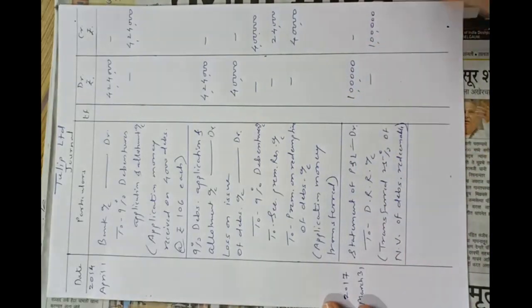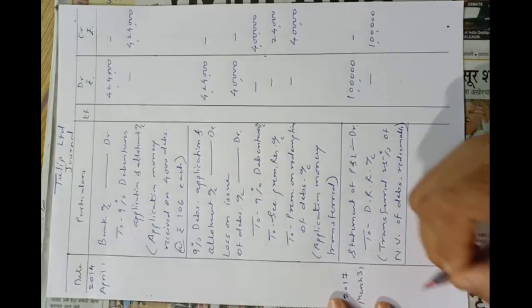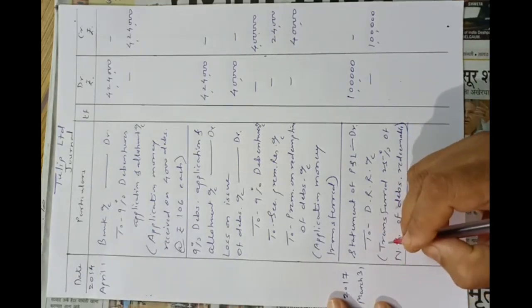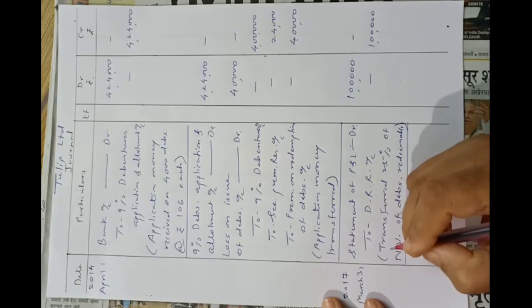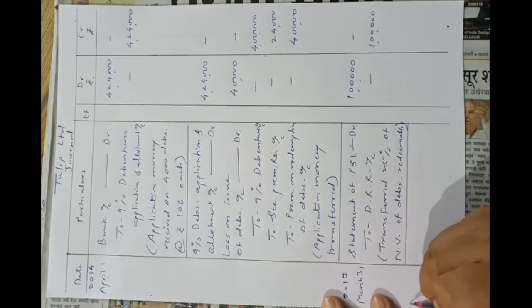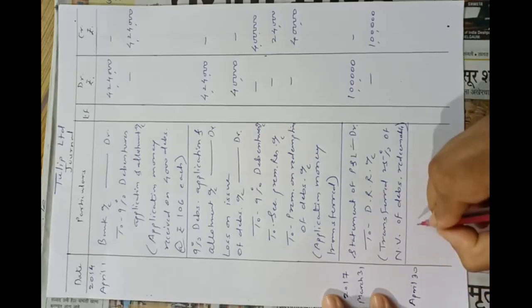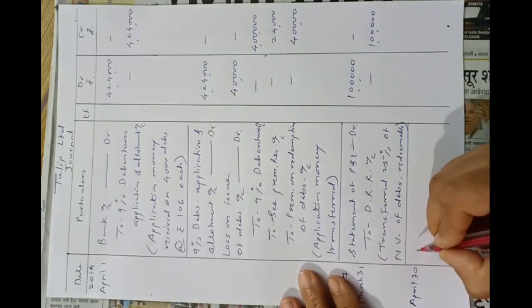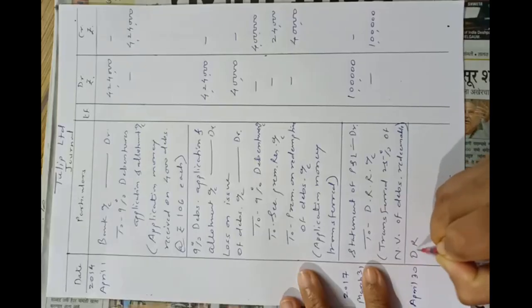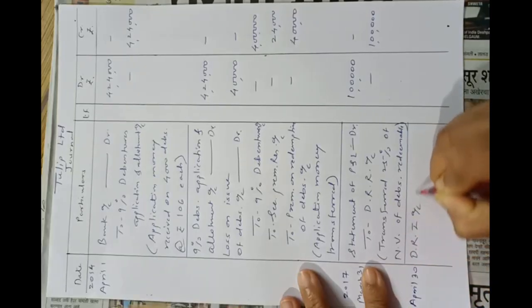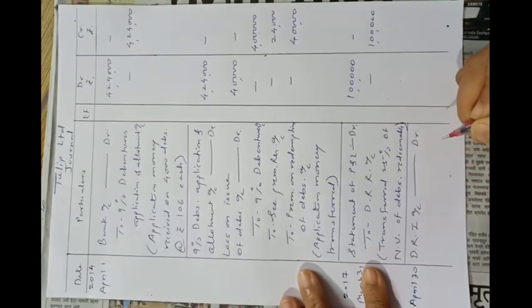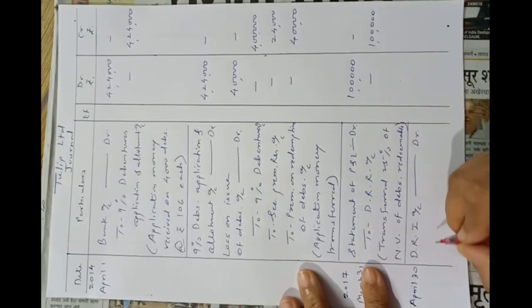Okay, then on or before 30th April, they will invest 15% amount in any type of investment. So on April 30, DRI account debit to bank account. DRI account debit means debentures redemption investment account debit to bank account.